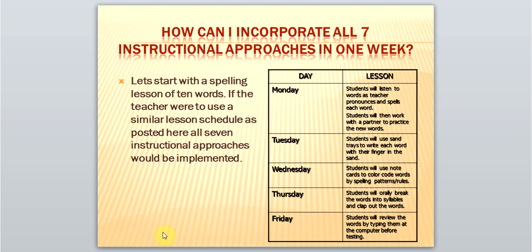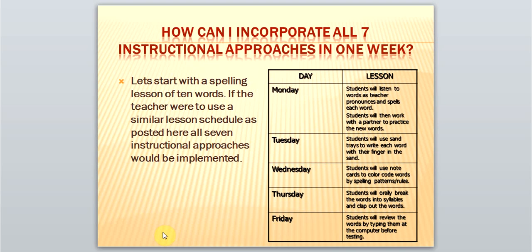Definitely kinesthetic. Wednesday, students will use note cards to color code words by spelling patterns and rules. Visual. Thursday, students will orally break the words up into syllables and clap out the words. Friday, students will review the words by typing them all on the computer before testing.